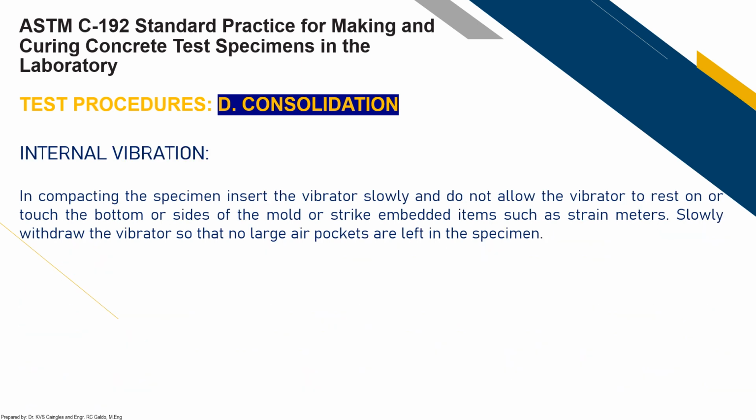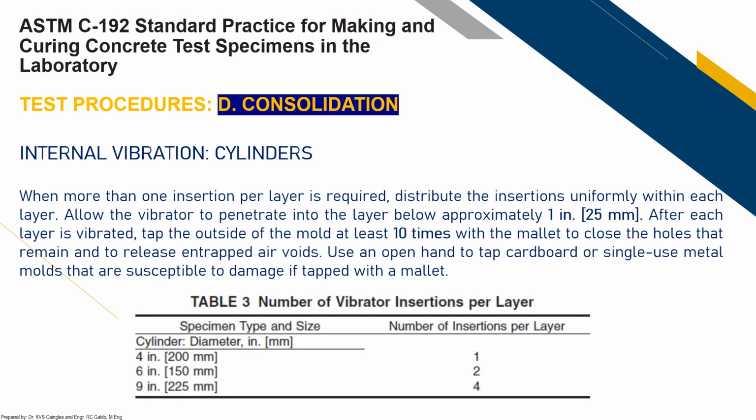Ang atong vibration that is internal vibration and external vibration. Okay? For internal vibration, you insert the vibrator slowly and do not allow the vibrator to rest on or touch the bottom or sides of the mold or strike embedded items such as strain meters. Slowly withdraw the vibrator so that no large air pockets are left in the specimen.